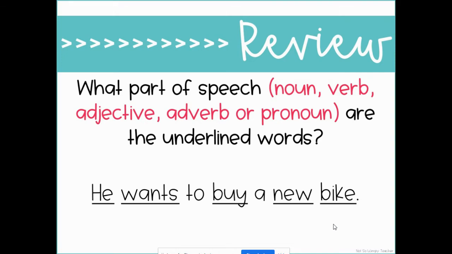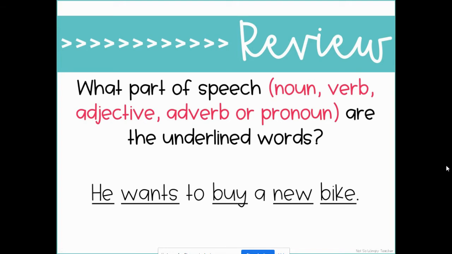Capital H, he wants to buy a new bike, period. I'm going to underline some of the words, not all of them. All right. So get that written down.